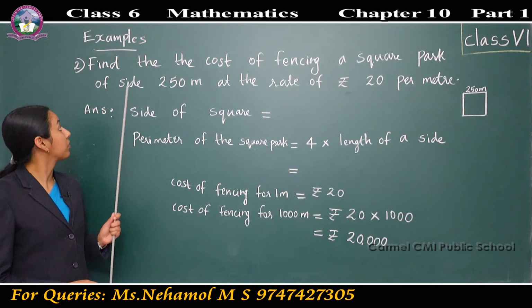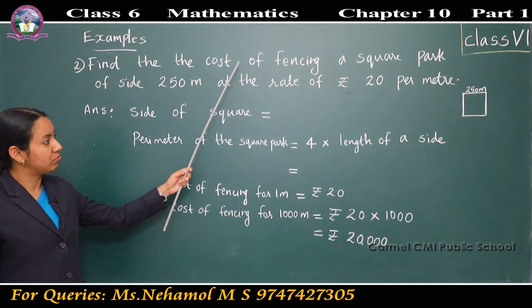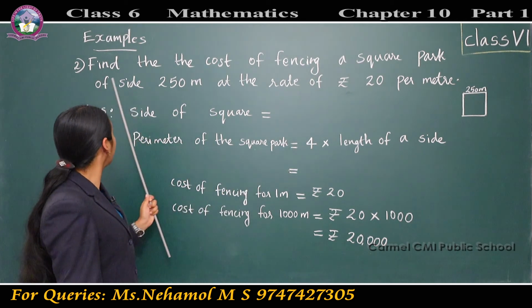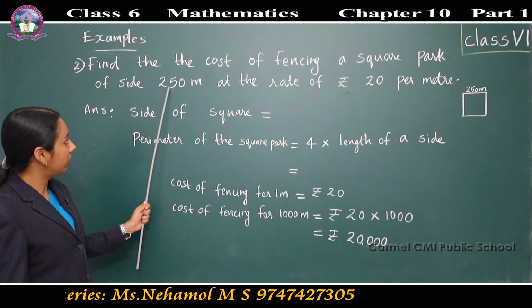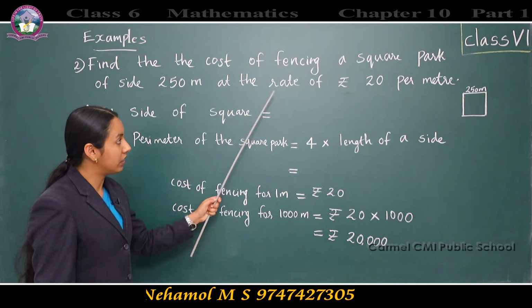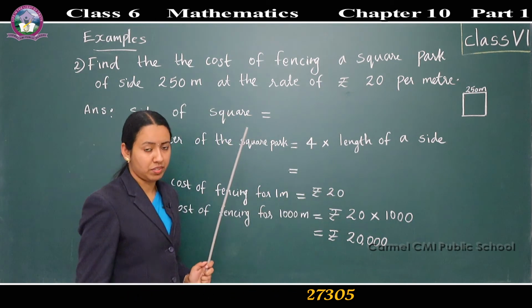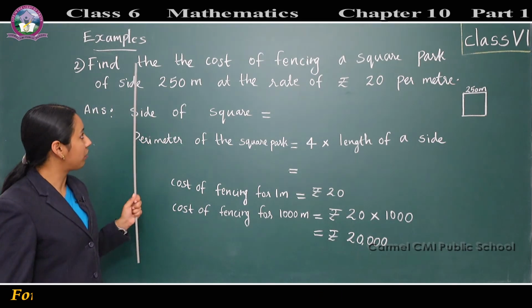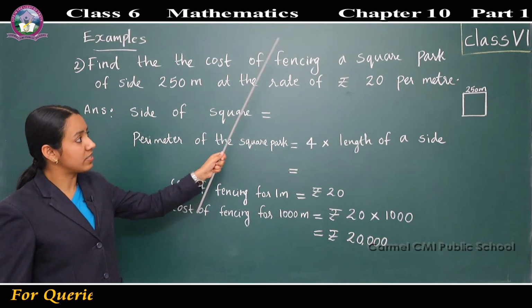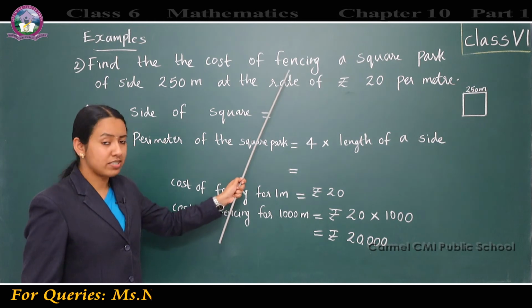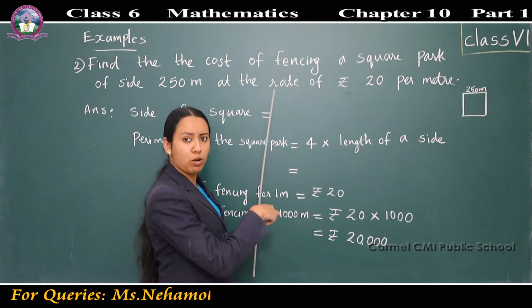Next question. Find the cost of fencing a square park of side 250 meter at the rate of rupees 20 per meter. What is the question? We have to find cost of fencing a square park. Fencing means making a boundary line.